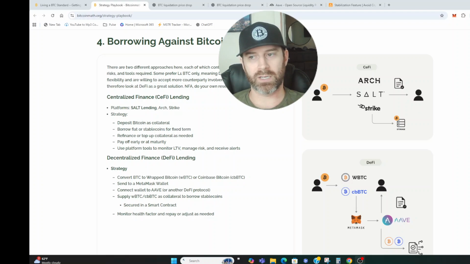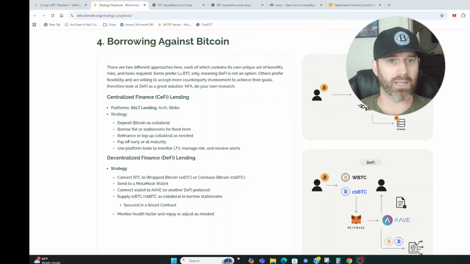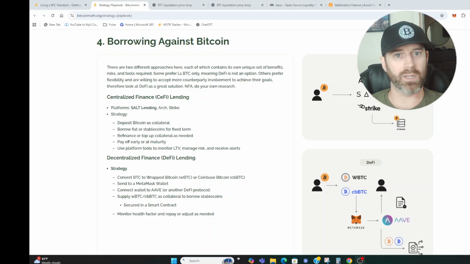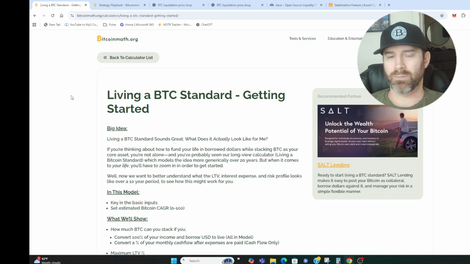It's going to look strictly at LTVs, liquidation thresholds, and help you plan so that you can bring a more informed approach to this whole concept. Okay, but how you do it, whether you use a CeFi lender or a DeFi lender, is really up to you.